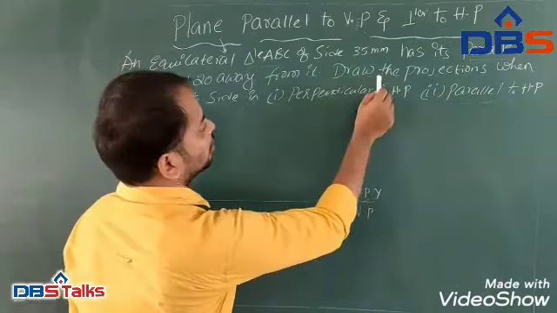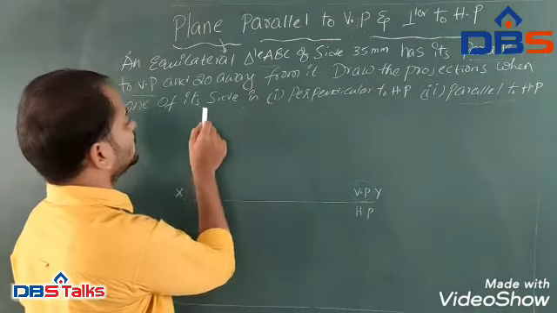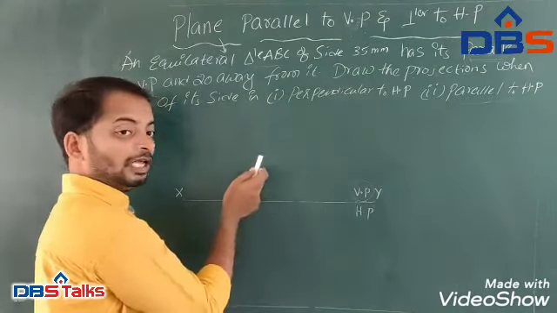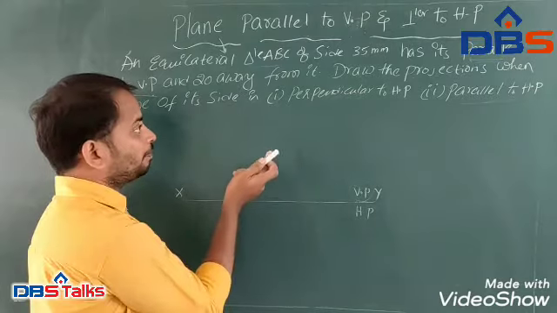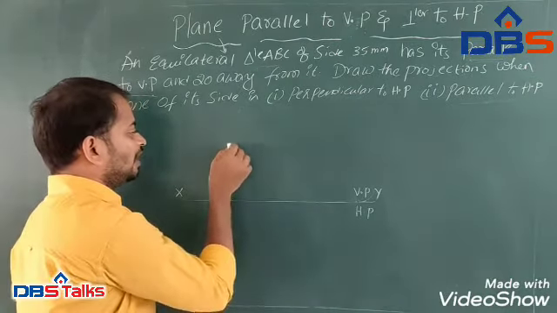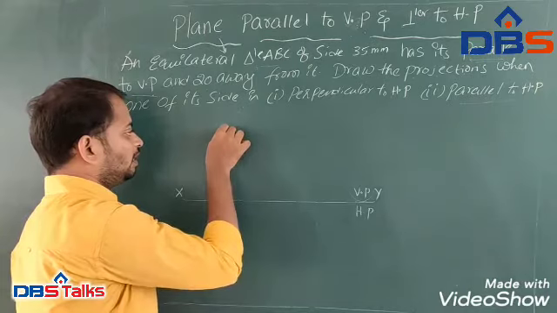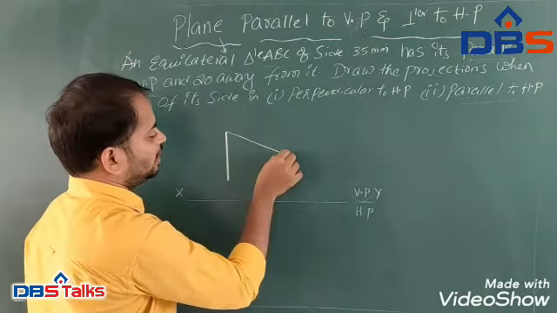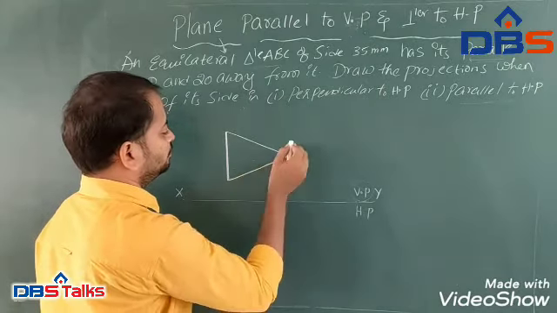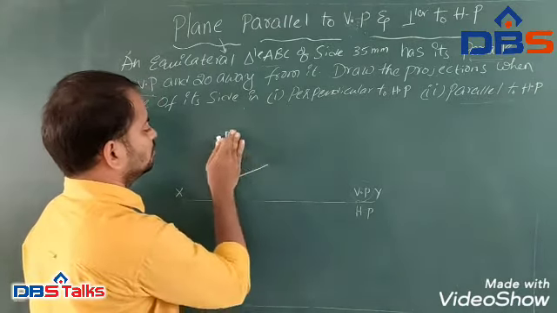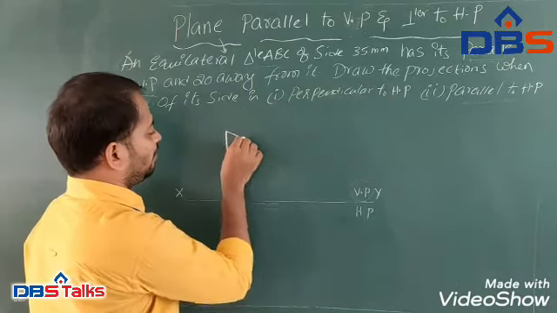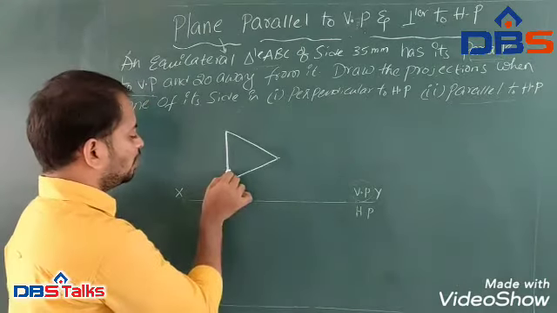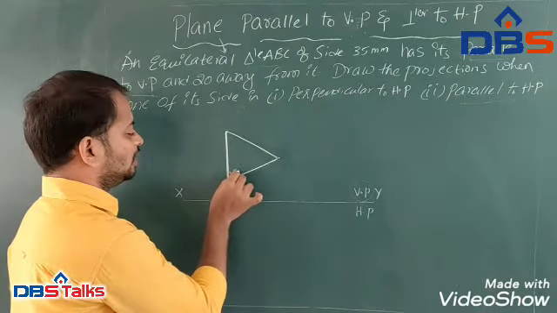Then the second case: draw the projections when one of its sides is perpendicular to HP. So it is parallel to VP and at the same time perpendicular to HP. The triangle is equilateral with side 35 mm, and making an equilateral triangle means each angle is 60 degrees.